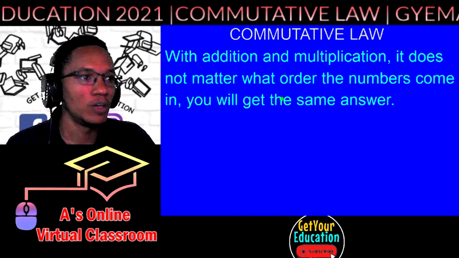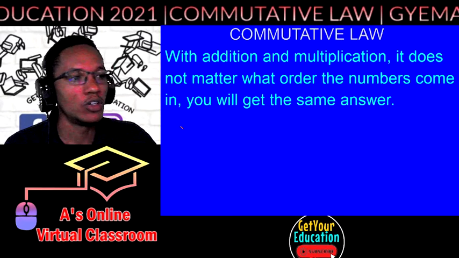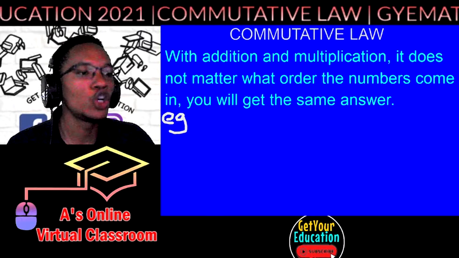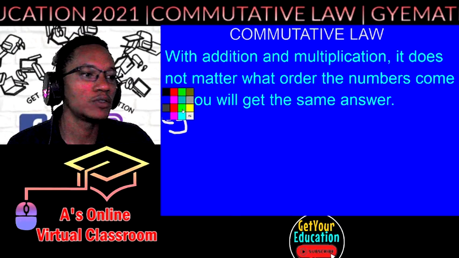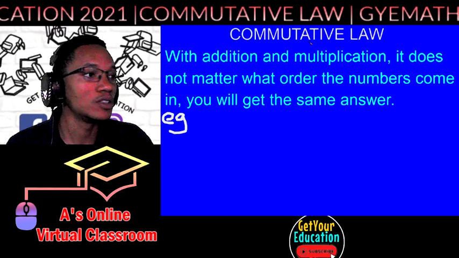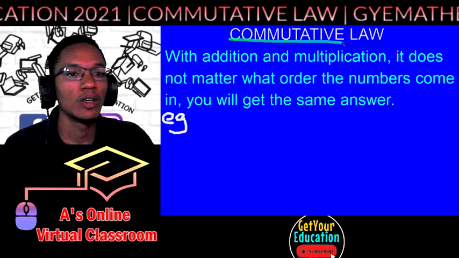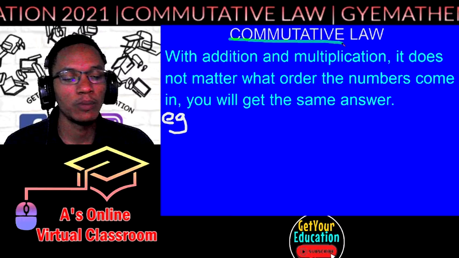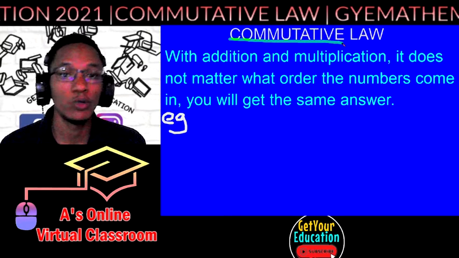Okay, so what do I mean by that? Now, let's get some examples on the board. So when we talk about the word commute, it has a very straightforward definition in the English language, or commutative, which comes from the word commute. And many times you would hear commute being used to describe people who are transported.